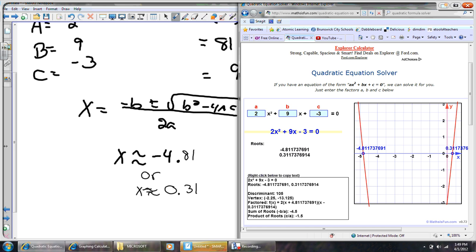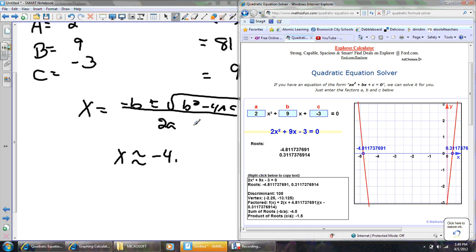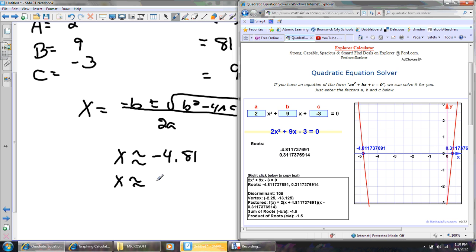Yeah. All right, there we go. So I've got those. I can plot those on my calculator. Oh, I know why. I'm going to lose them here, aren't I? Okay, it was 4.81, and then x approximately equal to 0.31. All right, so I'm going to go ahead and minimize that.